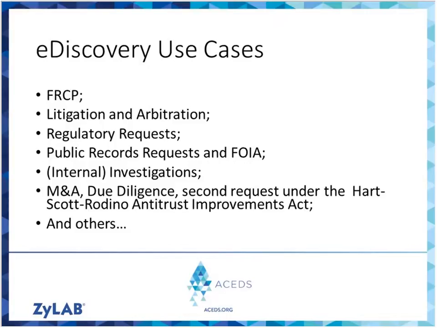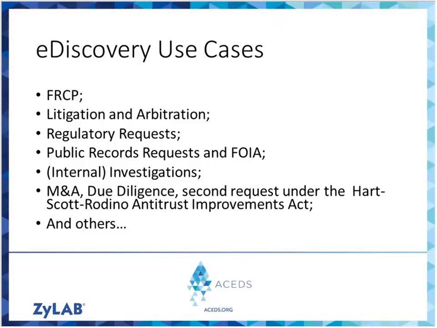is handling the second requests under the Hart-Scott-Rodino Antitrust Improvements Act. You cannot just merge companies if you want to merge them, especially if you have a dominant market position. You will have to ask permission. You have to answer questions and deal with what they call second requests.